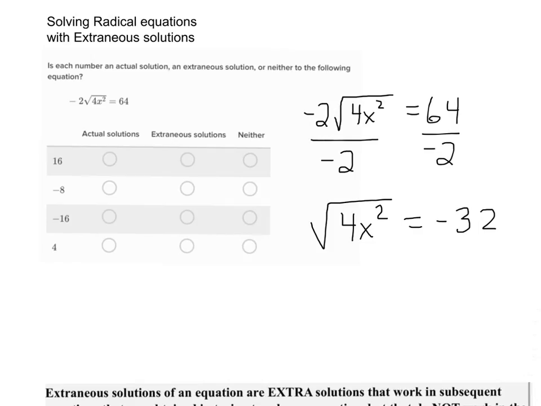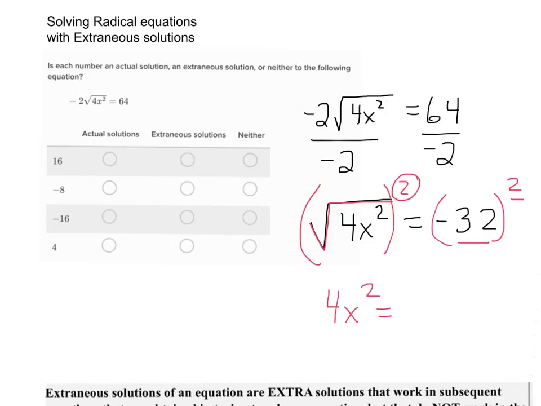Now the next step is I need to get rid of this square root. The opposite of square root is to square both sides, so that's what I'm going to do. Remember that since the opposite of square root is squared, all that does is get rid of the square root and the squared, so all I'm left with is 4x squared equals whatever negative 32 squared is.